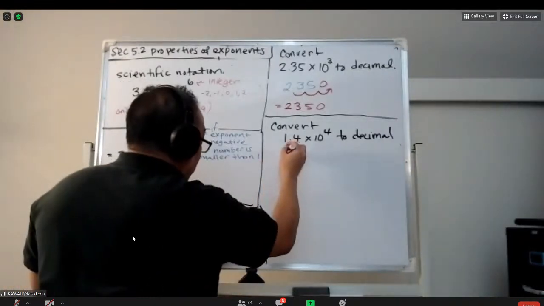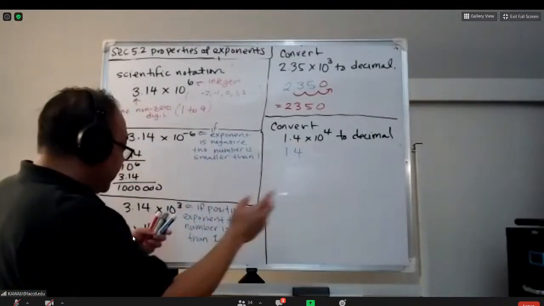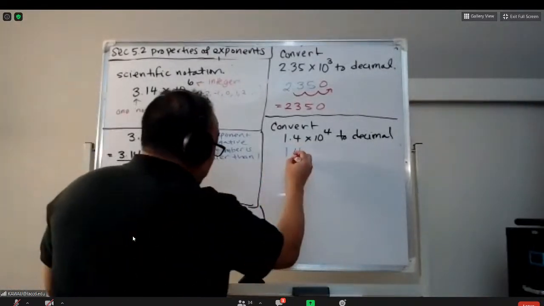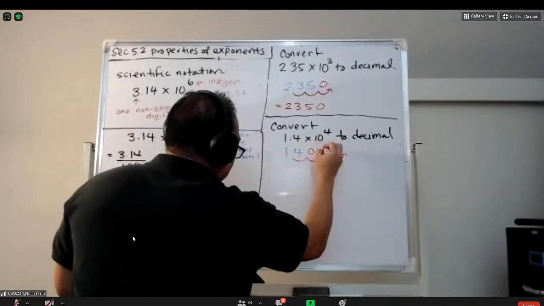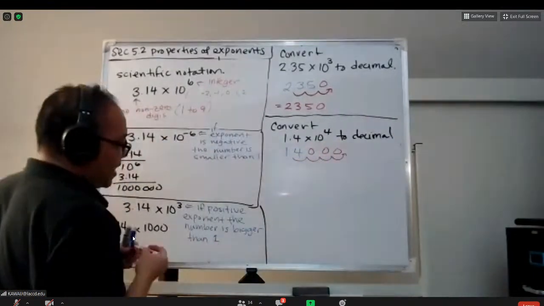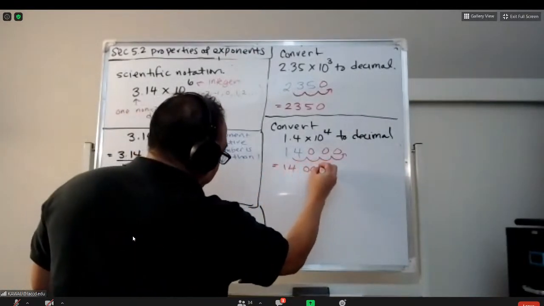So we have 1.4, and then we have to move it in a way in which it gets bigger. 1, 2, 3, 4. I'm missing digits, so I'm going to pad that with zeros. So I'm going to get 14,000.